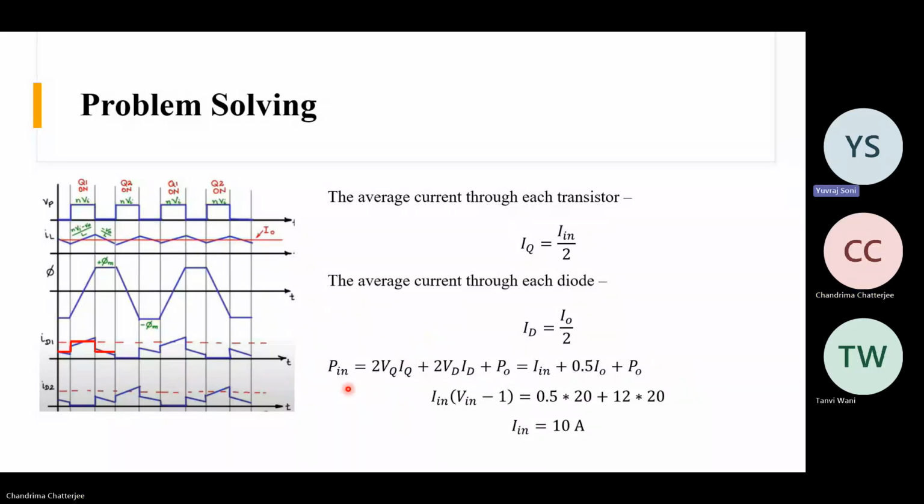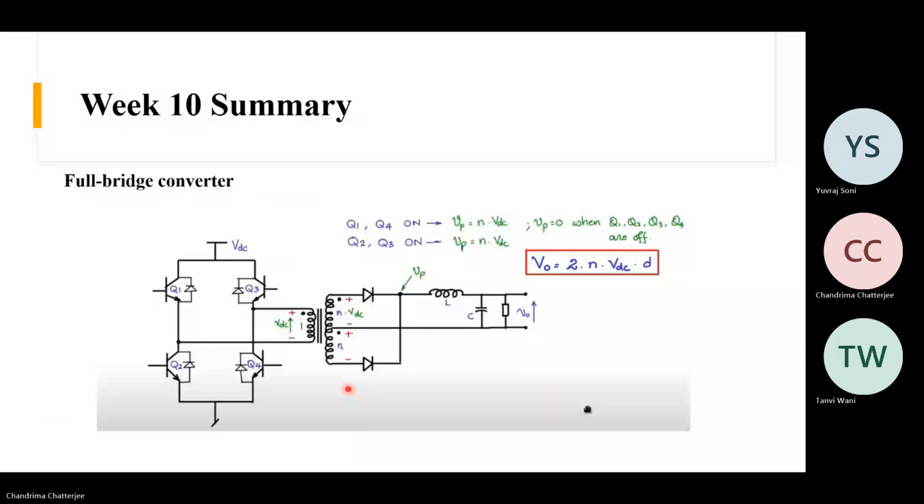Ma'am, when you started to introduce the problem. So did you see this problem when I started? No, ma'am. Okay, so till this point, could you see the full bridge converter? Yes, ma'am.